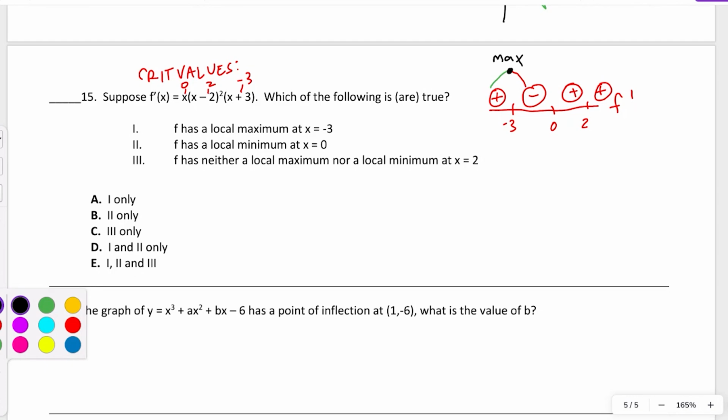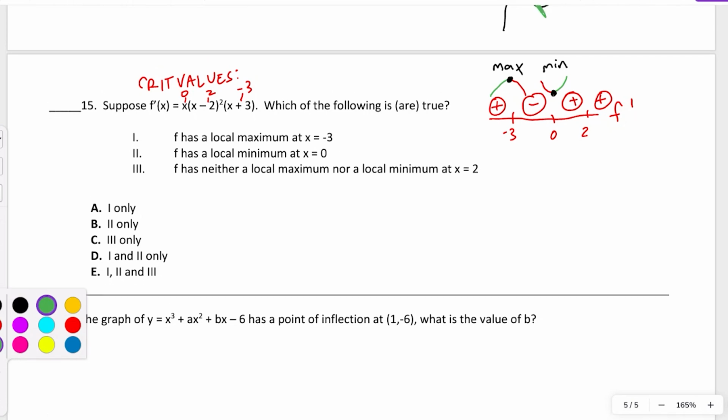And then at 0, the value of f prime is changing from being negative to positive, and so at 0, we've got a minimum. And then at 2, the slope does go to 0, but then it goes back to being positive. So this is going to be neither. It's neither a max nor a min.